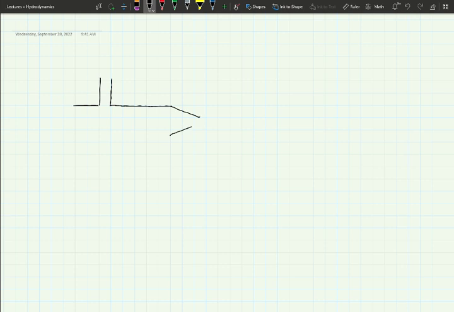And we're going to do this, and then we're going to come out here, and then we're coming back to here. Okay? So I have point 1, point 2, point 3, point 4. Okay?